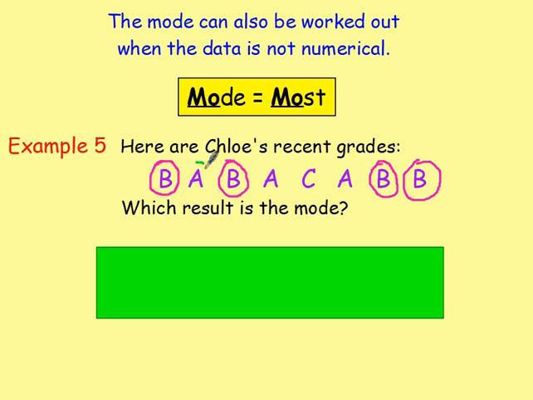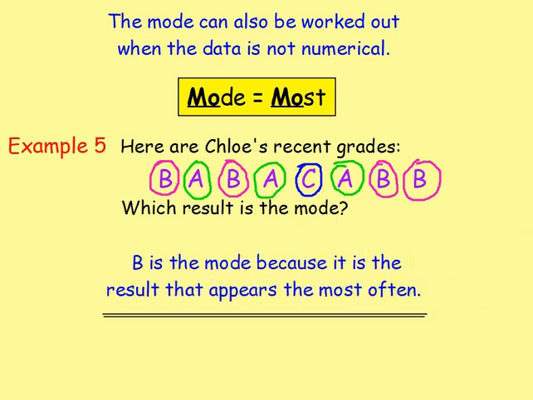Anything else? Well, with the A's, she's got 1, 2, and 3 A's. And with the C's, there's only 1 C. So which one appears the most? Well, there are more B's than anything else. So Chloe's modal score would be B, because that is the one that appears the most.